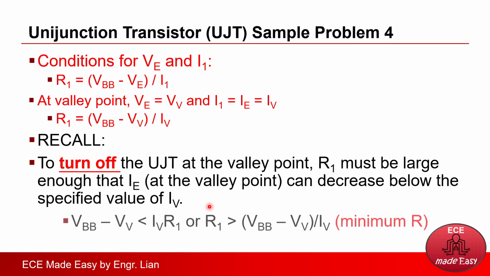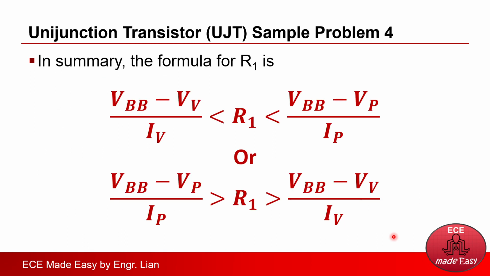In short, R1 should be greater than this equation, and we will be able to solve for the minimum value of R1. In summary, we could use this general equation for getting the range of R1 from the minimum up to the maximum value.